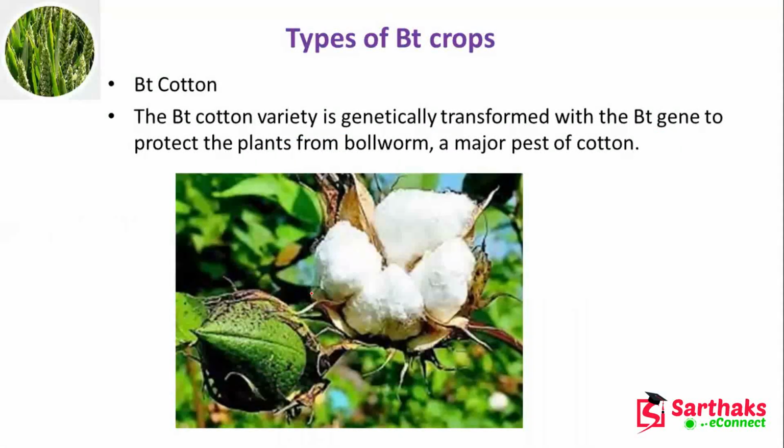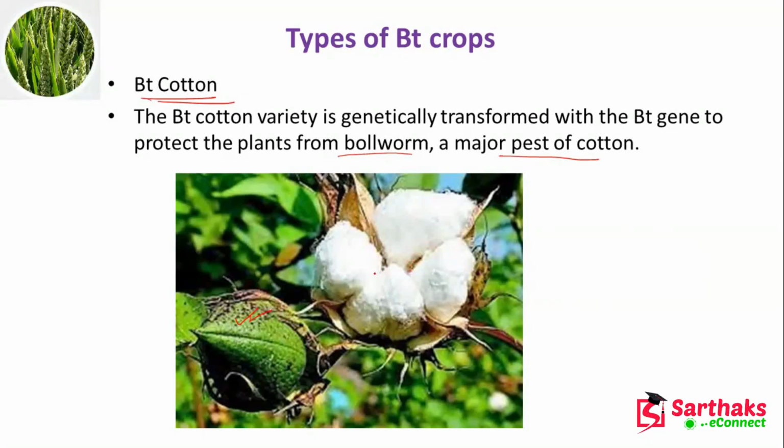Now, types of BT crops: BT cotton. This is genetically transformed with the BT gene to protect the plants from the bollworm, a major pest of cotton. Sometimes we can see this cotton will look like this after the maturity, whenever it matures.